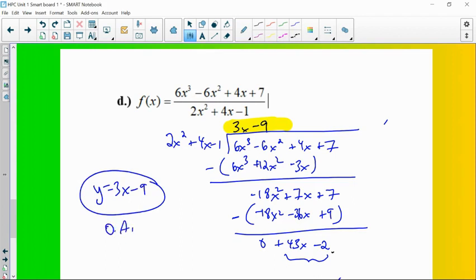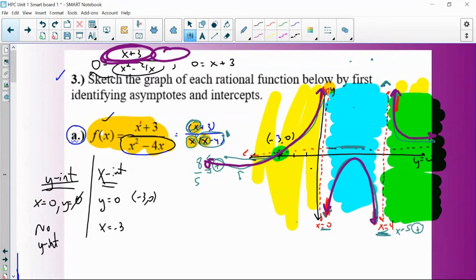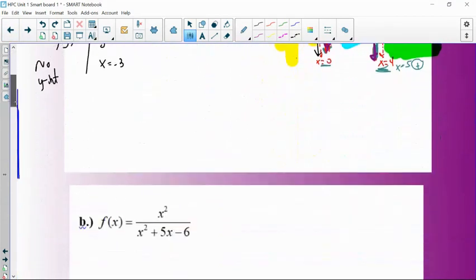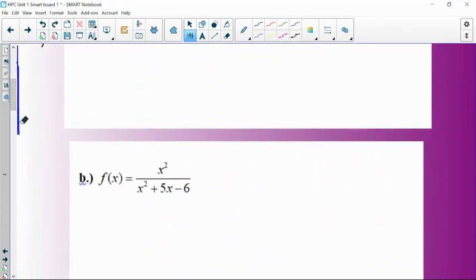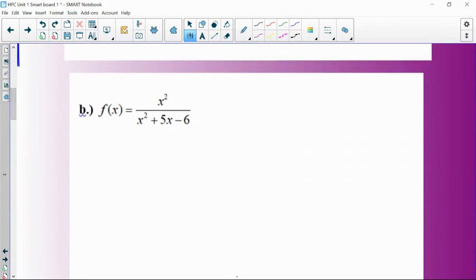I apologize for that. Now, there was one more example up here that we haven't done yet, which was example B. For example B, it says, graph this. It's our first one where we actually have a horizontal asymptote at y equals 1. I know that the bottom factors as well, like x plus 6 times x minus 1, and we have this x squared.